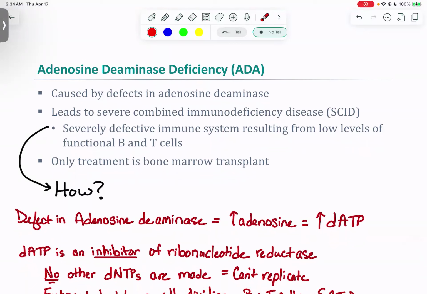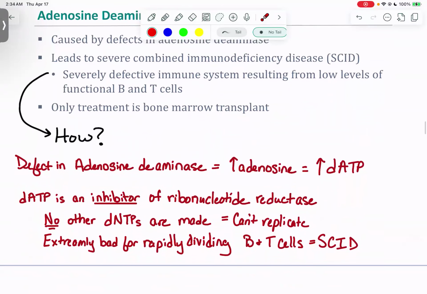So what is SCID? SCID is severe combined immunodeficiency disease. So basically you have an immune system that doesn't work. But why? If you have a defect in adenosine deaminase, you keep these really high levels of adenosine, that's the sugar in the base. And so when that starts piling up, the cell's like, I got to do something with this.